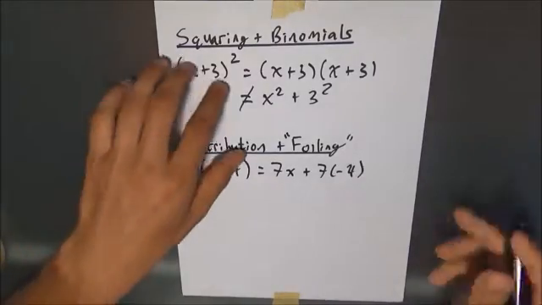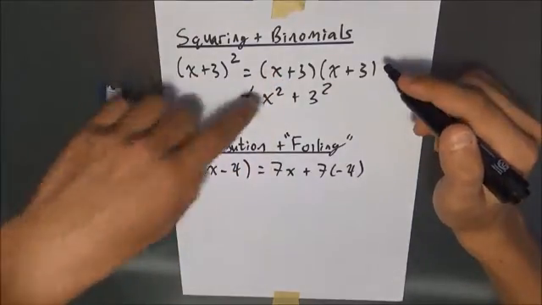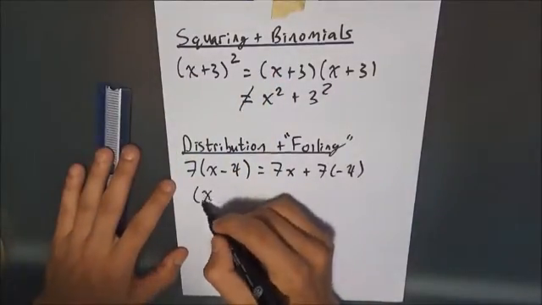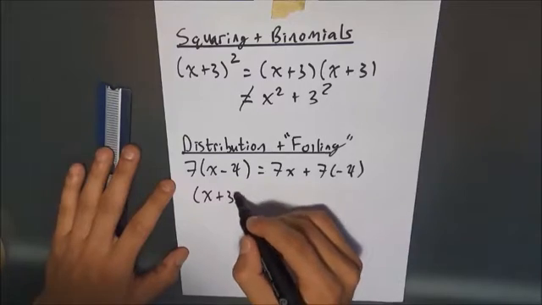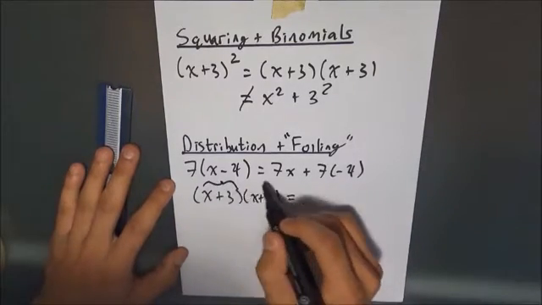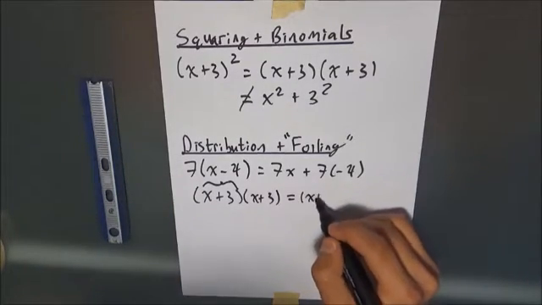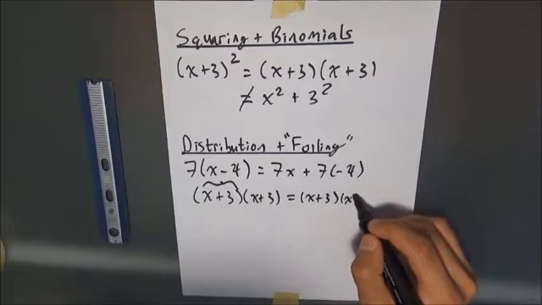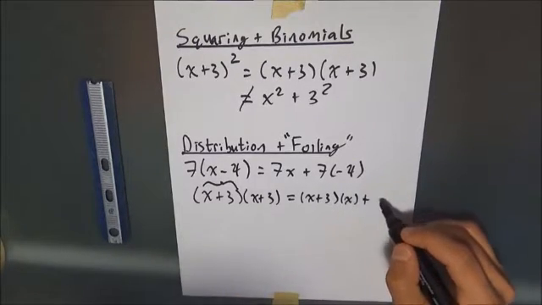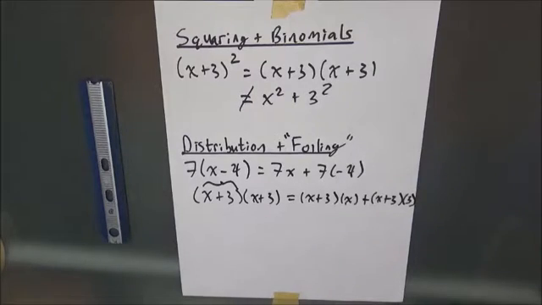But in fact, up here, this x plus 3 could be thought of as its own 7. So what I can do from this step is think of the x plus 3 as its own 7 and apply it to each inner term on the other binomial. So you get x plus 3 times x, and then you get x plus 3 times 3.